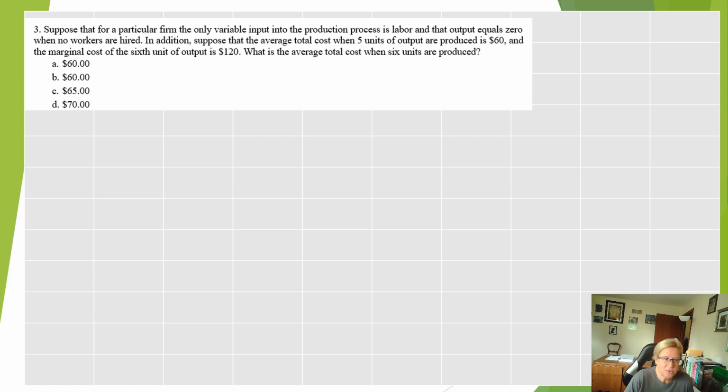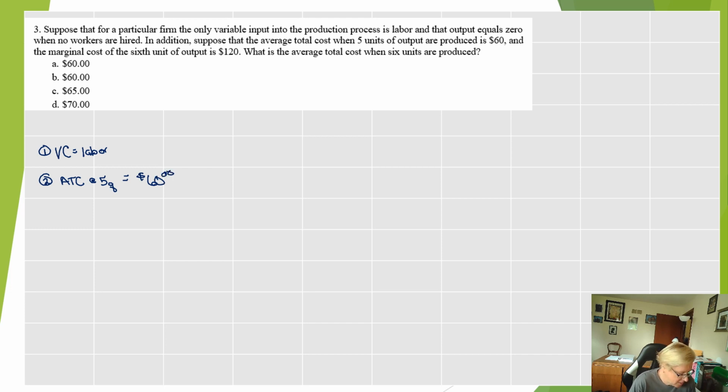So what do we know so far? The first thing that we know is that variable cost is only going to equal labor. Secondly, we know that average total cost at quantity 5 is going to equal $60.